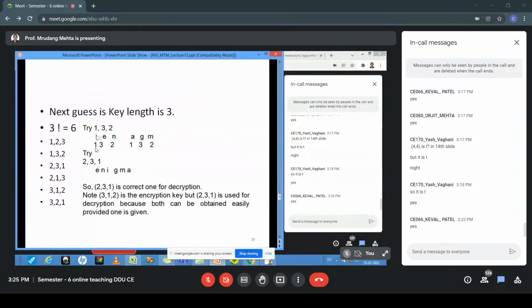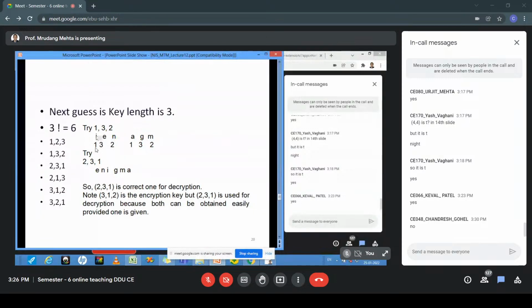Number of trials required. Please type in the chat box what you have not understood.